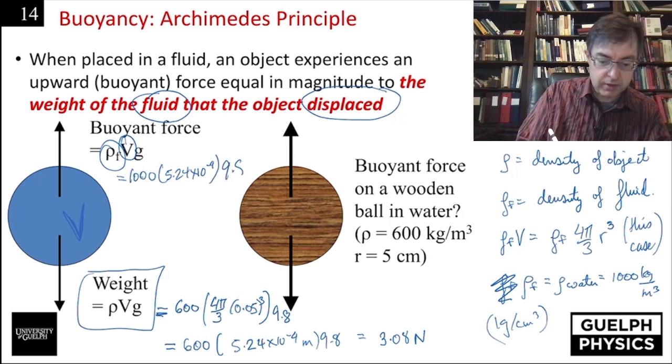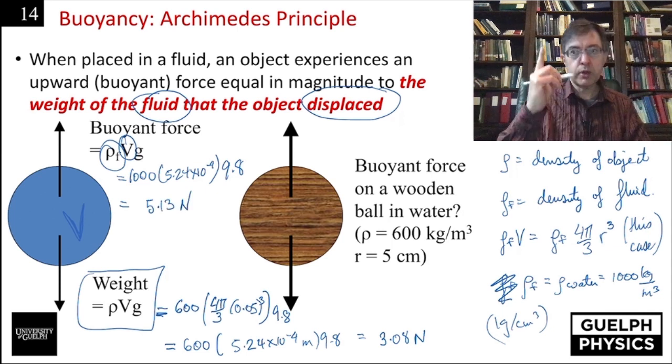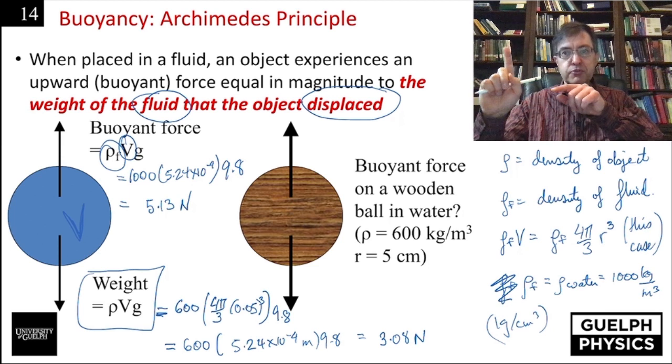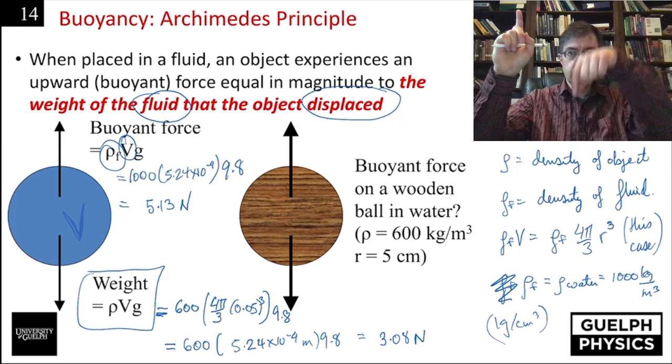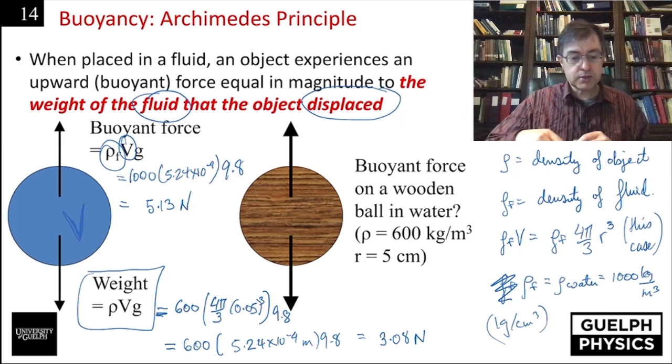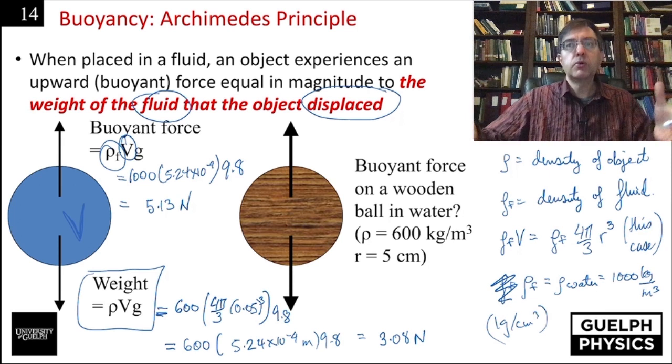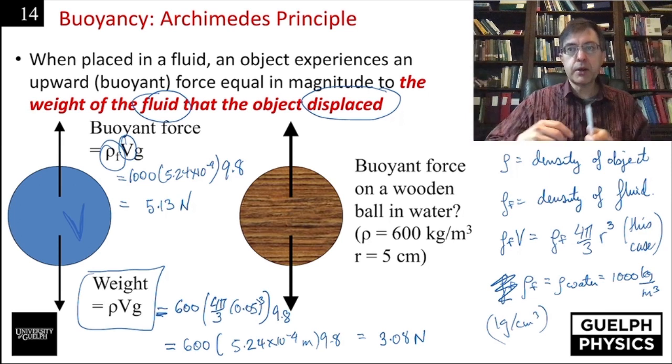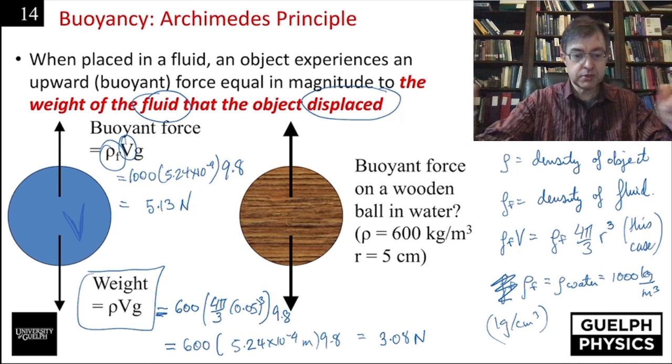And I use gravity, 9.8 meters per second squared, and I get a buoyant force of 5.13 newtons pointing up. And so I have a force of 5.13 newtons pointing up, and the weight is 3.08 newtons pointing down. And so the wood will actually rise up in the water until it reaches the surface. So wood floats in water.